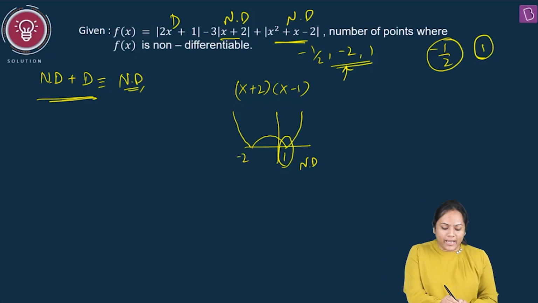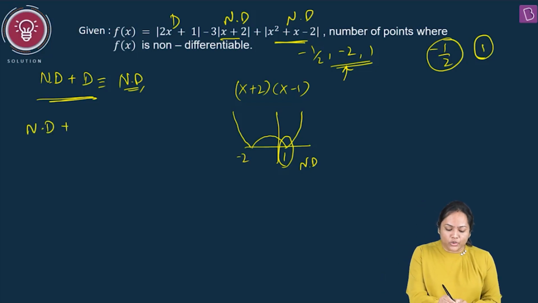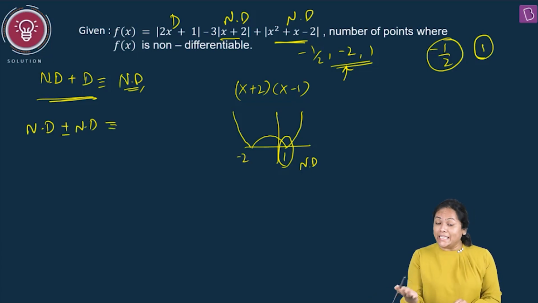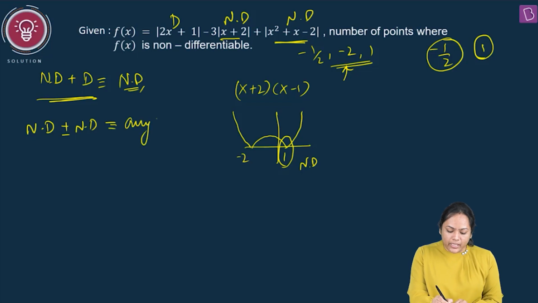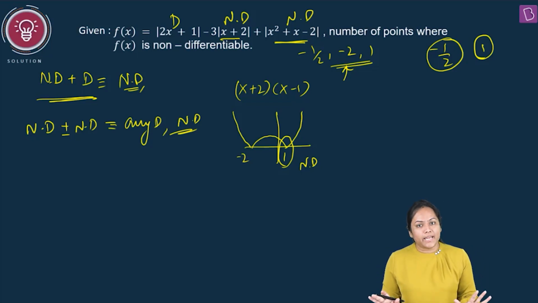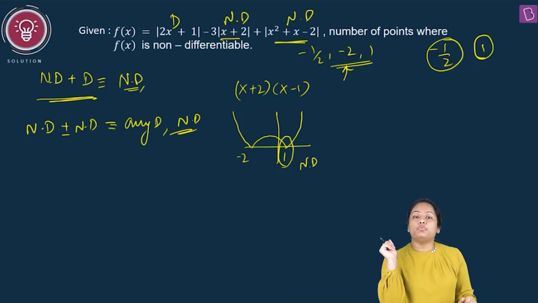So whenever I have a non-differentiable function plus or minus another non-differentiable function, it can be either differentiable or non-differentiable. Correct? Understood? Perfect. So what should I do for that?